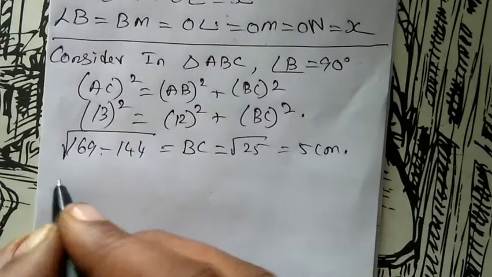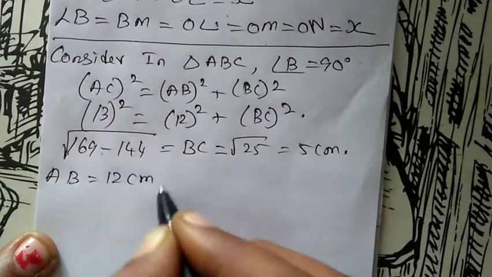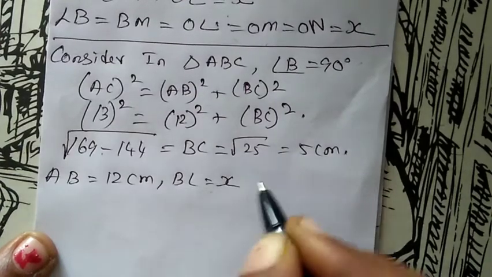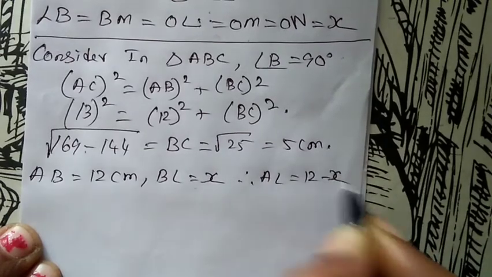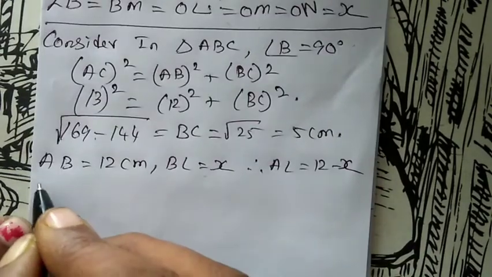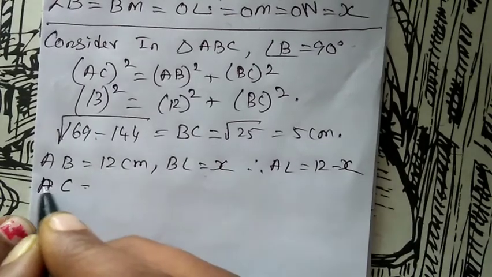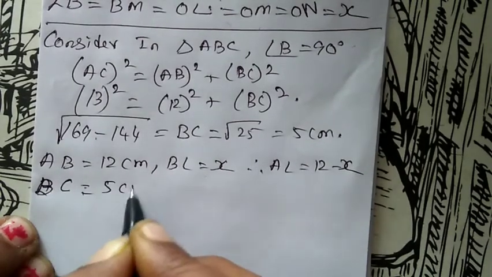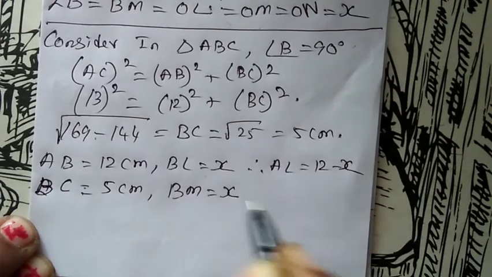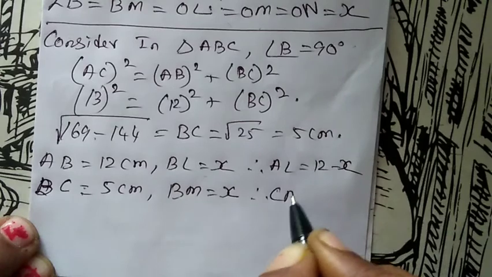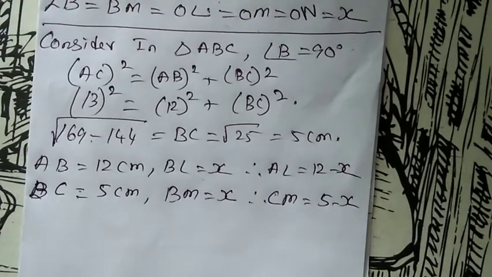Now, AB is 12, BL is x, therefore AL is 12 minus x. Similarly, BC we found as 5 centimeter, BM equal to x. Therefore, CM is equal to 5 minus x.